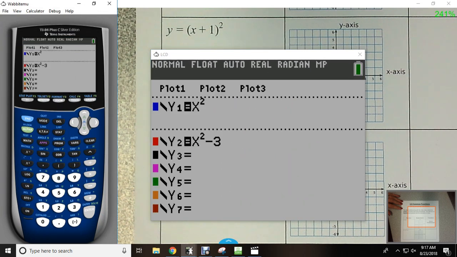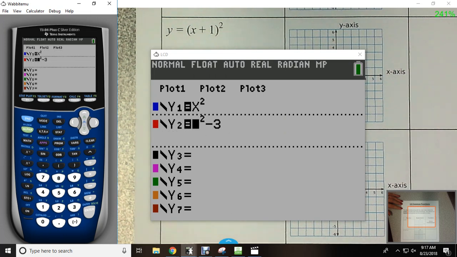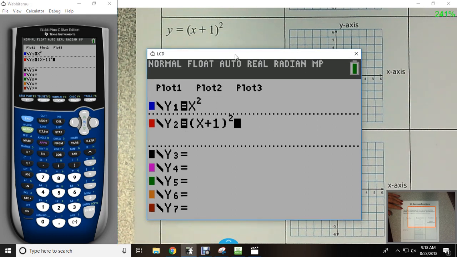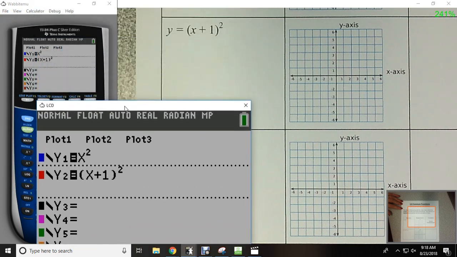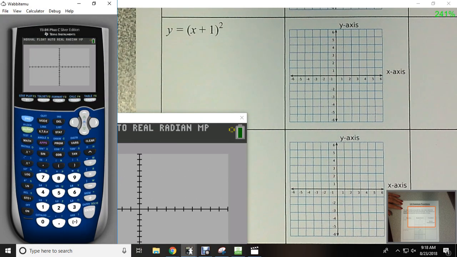Okay, so once again, I'm going to leave my parent function for y sub 1, and I'm going to change my y sub 2. So let's clear it out, and let's type parenthesis x plus 1, end parentheses, and then squared. Okay. Once you've got that typed in, oops, I need to hit graph.